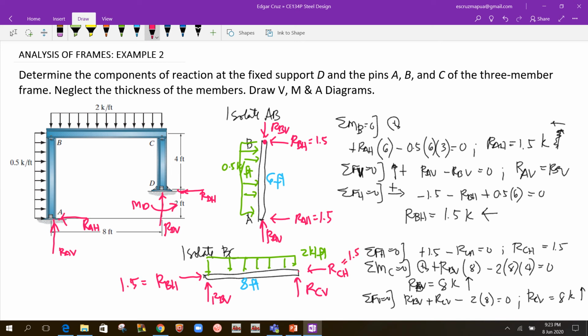Tapos yung RBV ito, that is 8. Then if we sum up forces vertical, sabi natin they are equal. Diba yung RAV tsaka RBV equal yan, so this would be also 8. Okay, now how about RCV? What do you think? RCV, nasolve na natin yan, this is also 8.